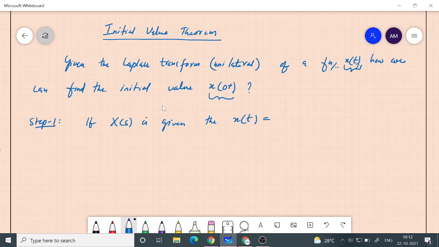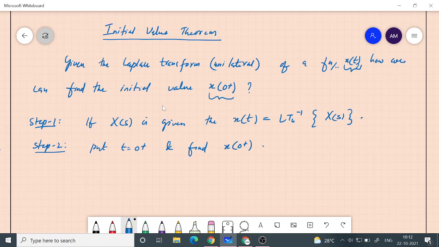This is the straightforward approach, that is the inverse Laplace transform of x of s. And then step 2 is, after finding this, you can just put t equal to 0 plus and find x of 0 plus. So this is one direct approach. You just need to do 2 steps.